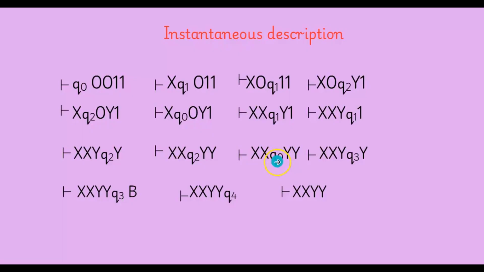When Q0 finds the y, it moves right and reaches Q3. Q3 will move right to find the blank. When it finds the blank, it goes to the final state Q4. That means there are an equal number of zeros followed by an equal number of ones.